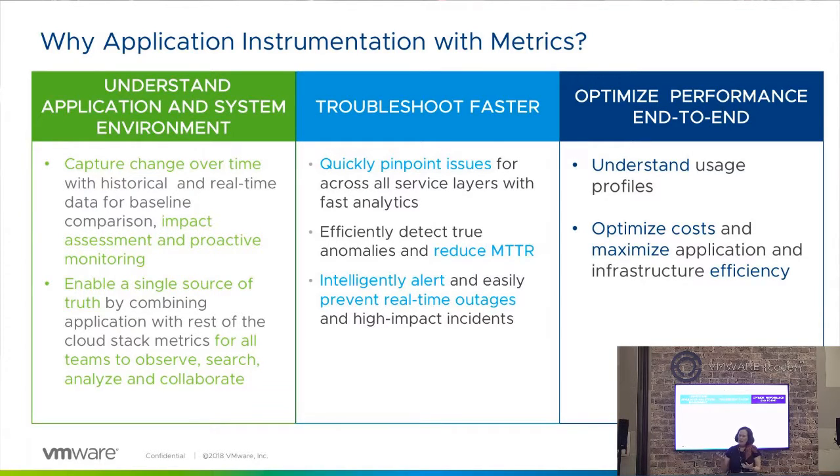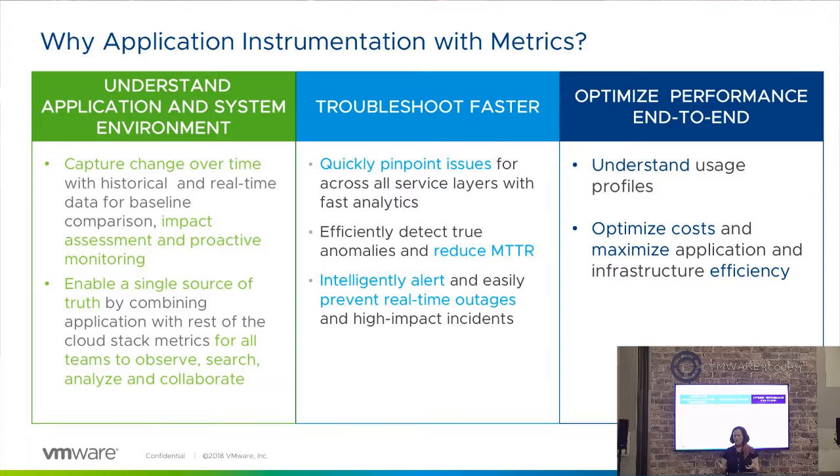Now, when trouble comes, you can try to troubleshoot, and metrics are good for that because they quickly show you where your trouble is, and thanks to metrics, you can find anomalies faster. You can do forecasting, prediction, and that will reduce your MTTR.